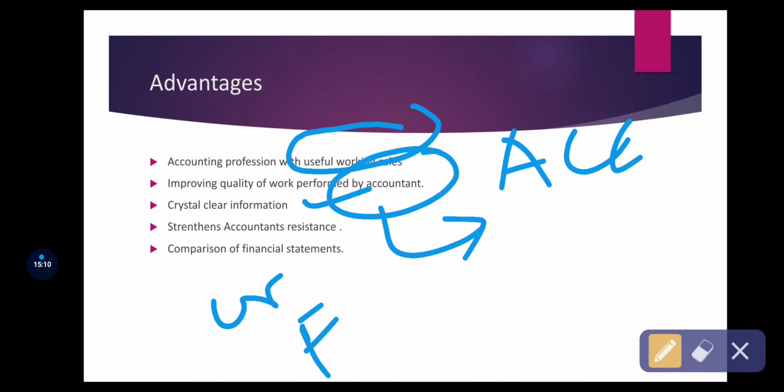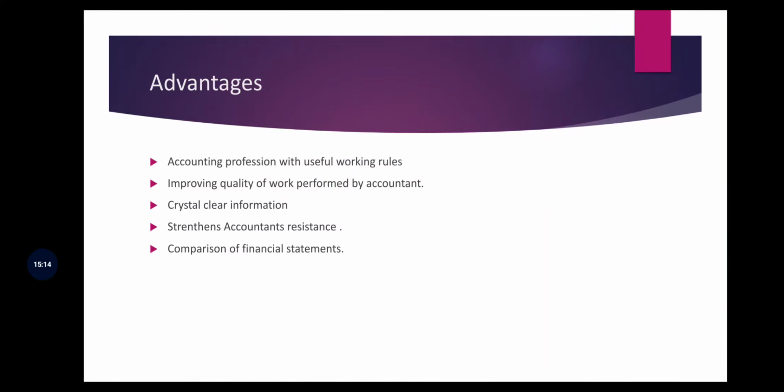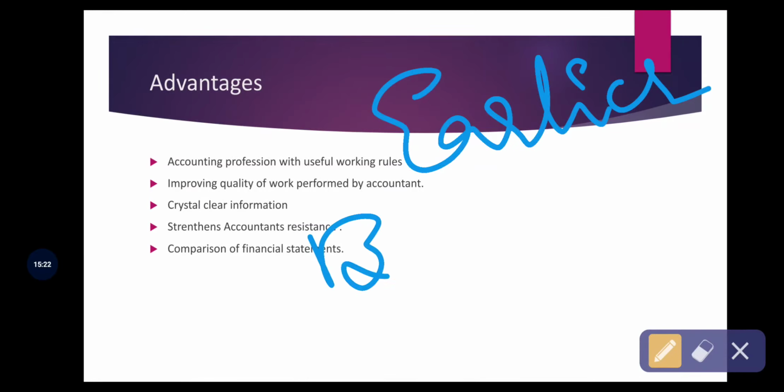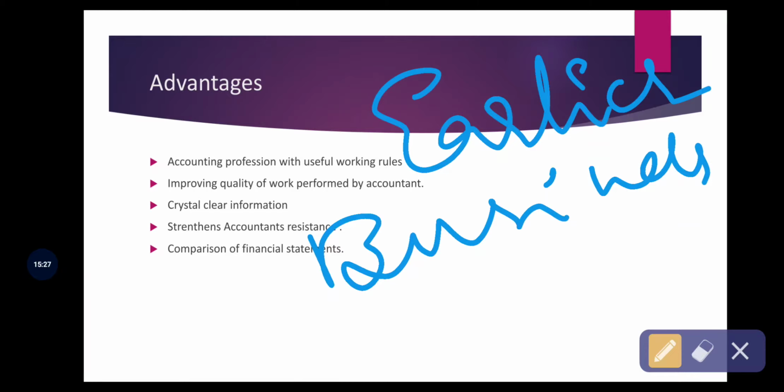Next is strengthens accountant resistance. Earlier, when rules and regulations and accounting standards were not there, the directors of the business organization used to prepare the financial statements according to their needs.